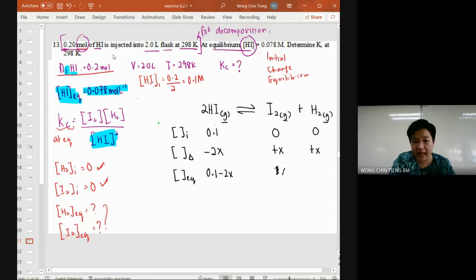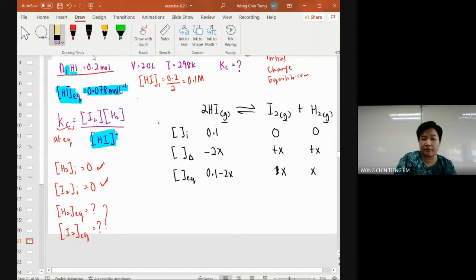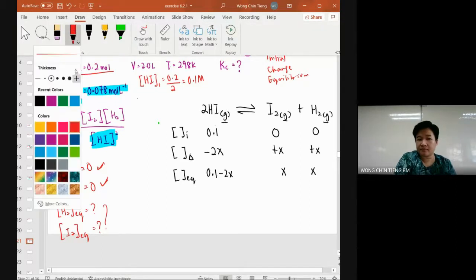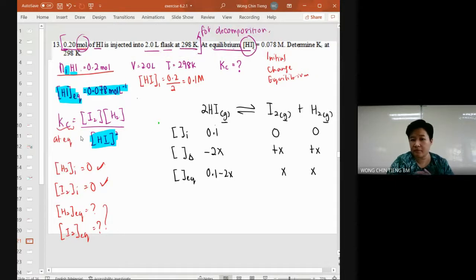Kat sini hanya tinggal X, kat sini hanya tinggal X. That is your ice table. Any question? Any question? No? And how do I proceed? How do I proceed?